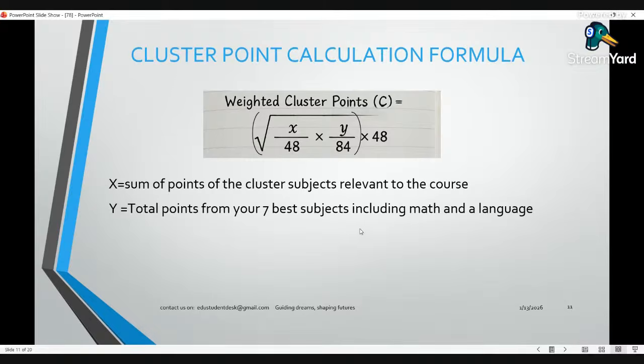So they will choose, for example, math and English, and also, if you performed well in Kiswahili, they will choose math, English, Kiswahili, and any other subjects. So this is the formula.